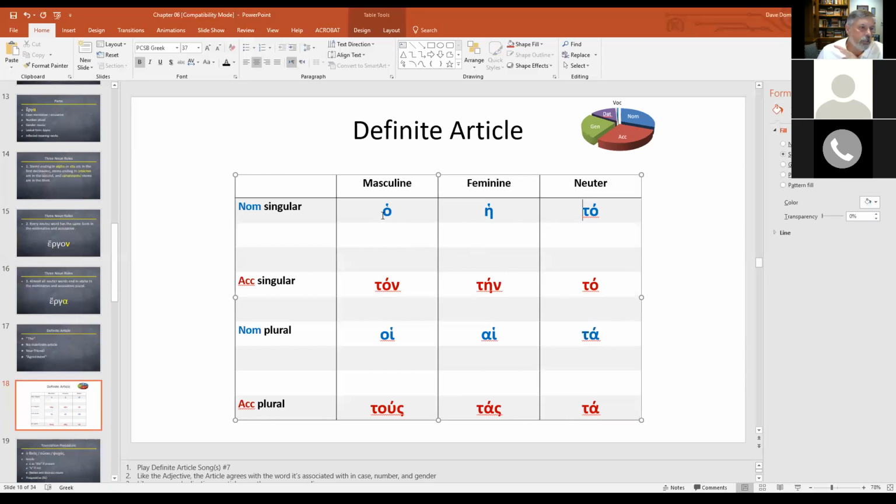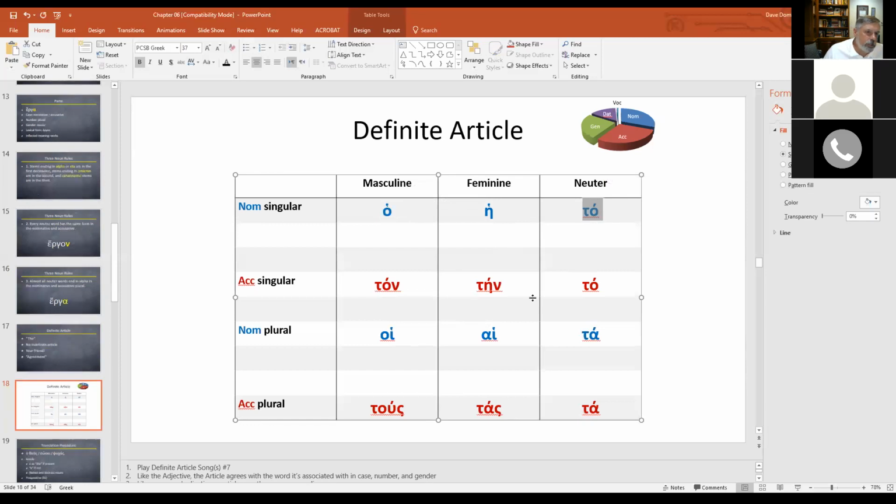It doesn't exist. It's just the article. There's a masculine, feminine, and neuter. If I have a feminine subject, I must have a feminine article. If I have a neuter subject, I must have a neuter article. So if the subject is spirit, pneuma, then the article cannot be ho. It has to be to, because pneuma is a neuter word. So it will follow that pattern.